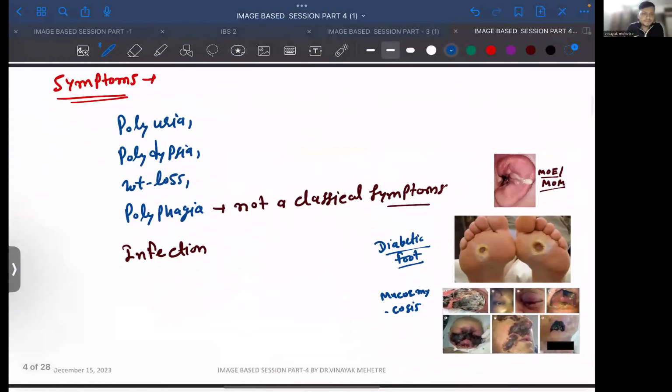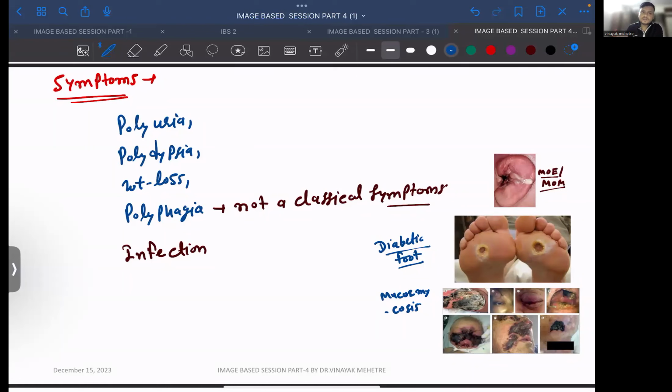Whenever you get a question on diabetic foot or diabetic ulcers, the patient has to control the sugar level as well. Okay, it must have been taught to you in surgery. Reason being, until the sugar level comes under control, that diabetic foot or diabetic ulcer is not going to heal.